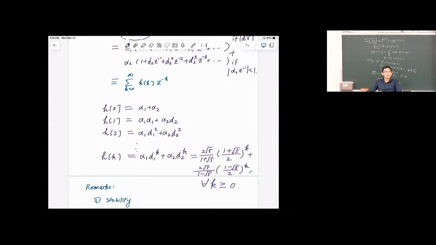So I need to end my lecture right here. Here is an example of finding the impulse response of that difference equation. Hopefully with this example, we are ready for tomorrow's follow-up discussion.